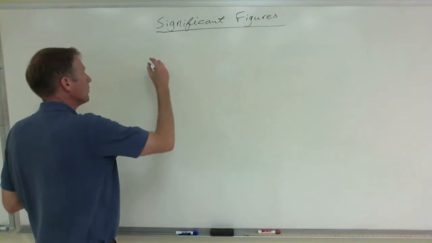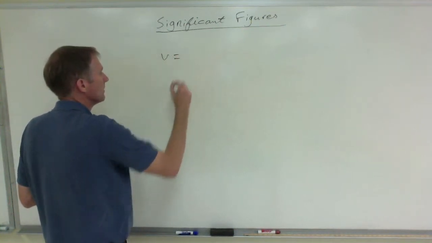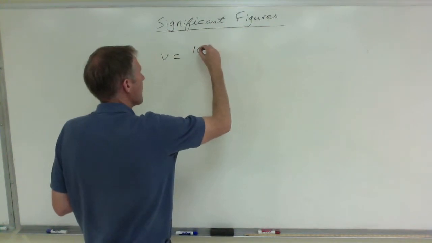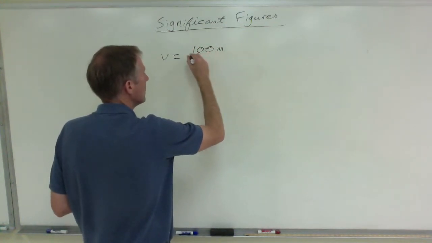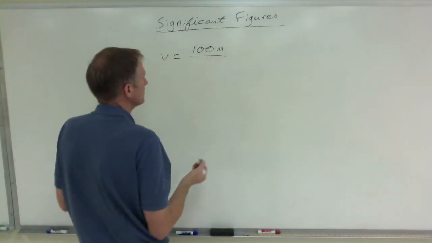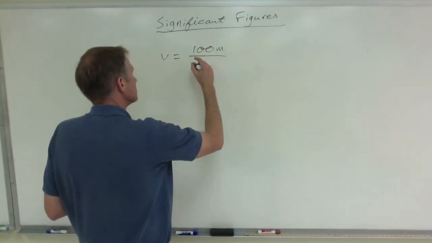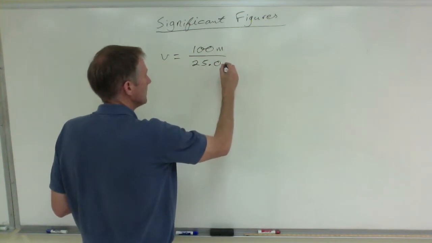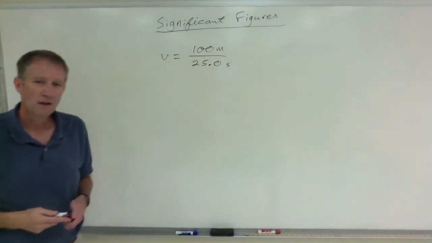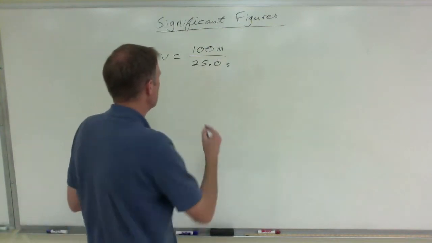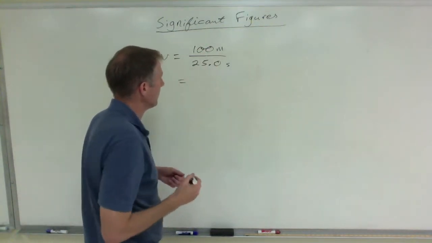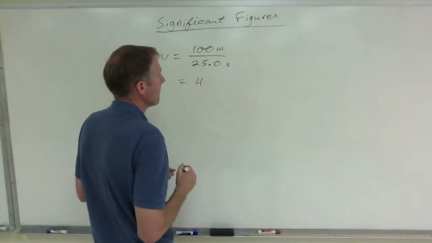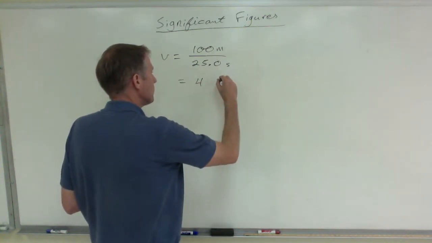Let's say that you are calculating a velocity and you travel 100 meters in 25.0 seconds. You calculate that out, and of course 100 divided by 25 is 4 meters per second.